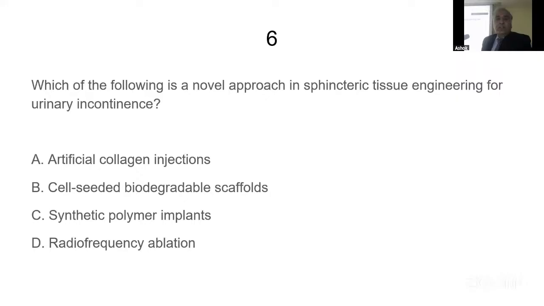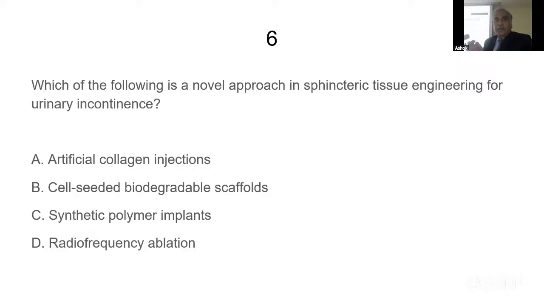Which of the following is a novel approach in sphincteric tissue engineering for urinary incontinence? Artificial collagen injections, cell-seeded biodegradable scaffolds, synthetic polymer implants, radiofrequency ablation. So people have used this, but the more important is what I told you about this research that we did by developing stem cells in the lab and quantifying them and then putting them in the periurethral region.